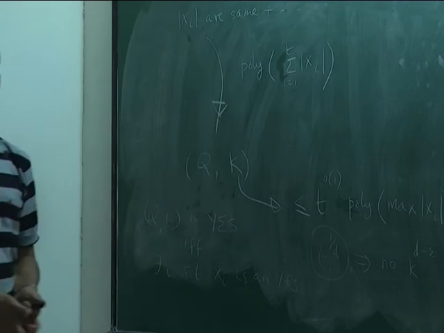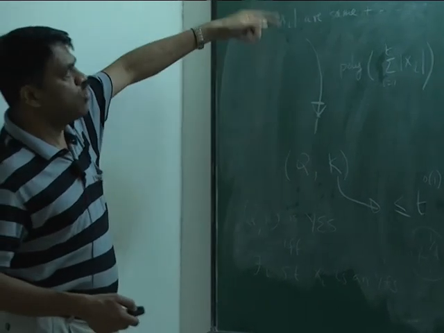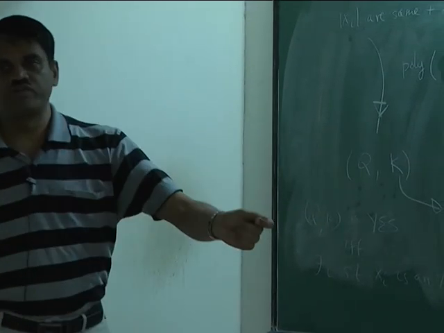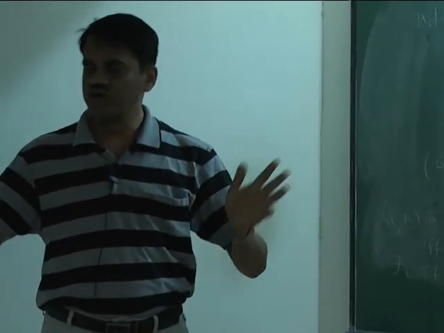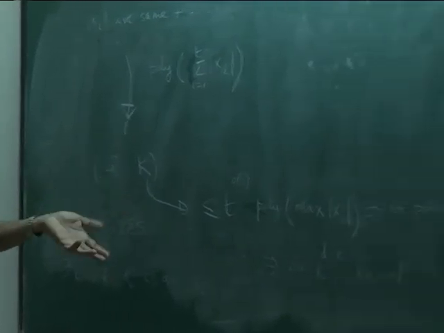So, I want an R of this. I am allowed this much time, so I am going to solve each one by the b to the k algorithm, and then figure out whether the answer is, if any one of them is yes, I will say yes, otherwise I am going to say no. Okay. So, I will come up with a trivial yes or no instance and give that as a kernel.